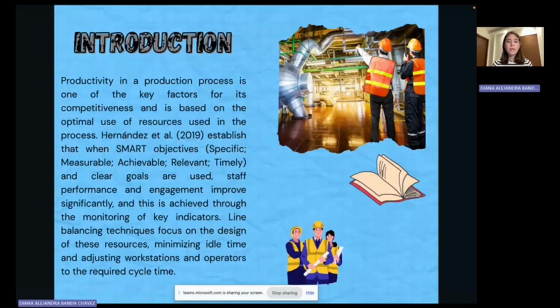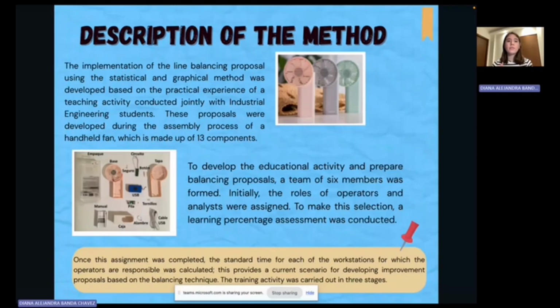Staff performance and engagement improve significantly, and this is achieved through the monitoring of key indicators. Line balancing techniques focus on the design of these resources, minimizing idle time and adjusting workstations and operators to the required cycle time.